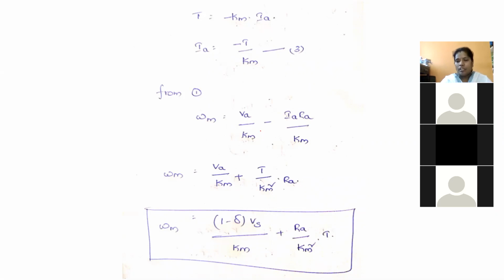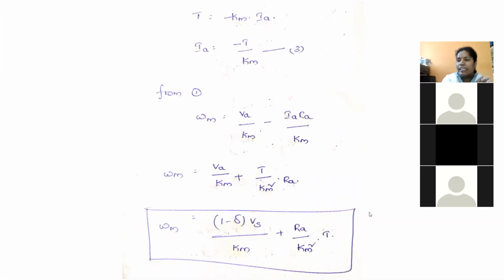So by changing the duty cycle delta value only, the speed expression is going to be changed. You have to provide different values for this duty cycle. That is 0, 0.1, 0.2, 0.3, 0.4, 0.5, 0.6, up to 1. Then you will know the values of the torque.